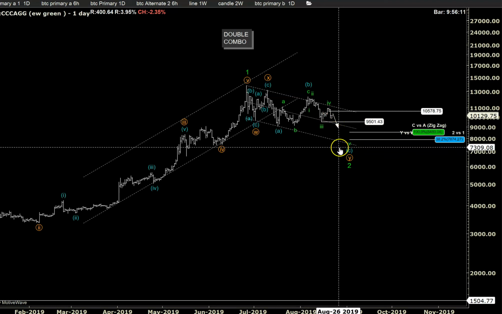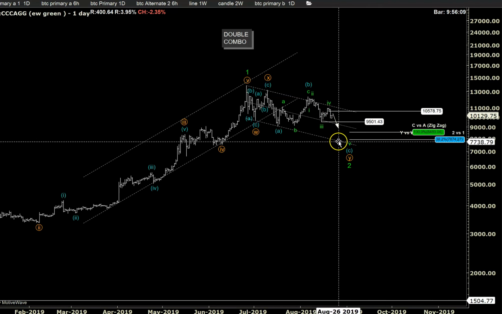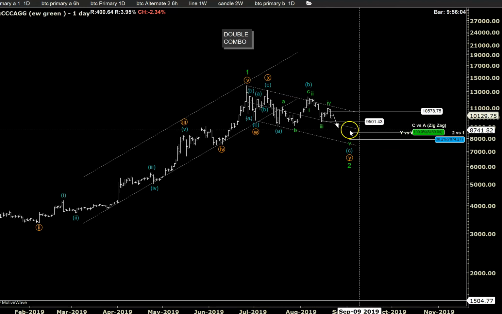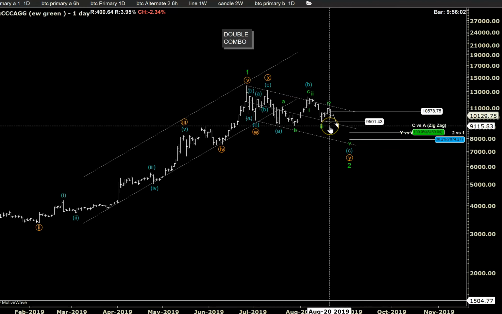Now this fifth wave here doesn't necessarily have to come all the way down to 7,500 or 7,600. It would be just enough to dip below the bottom of this A wave here.